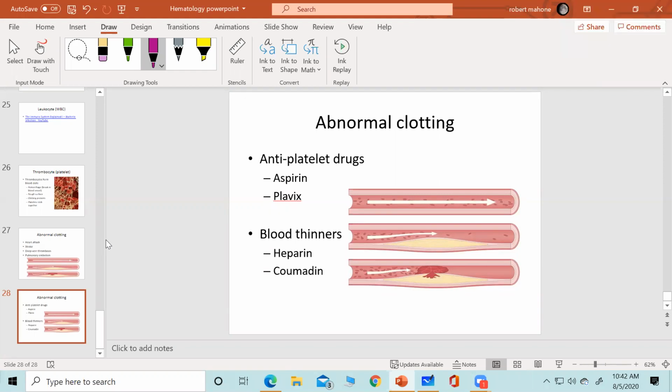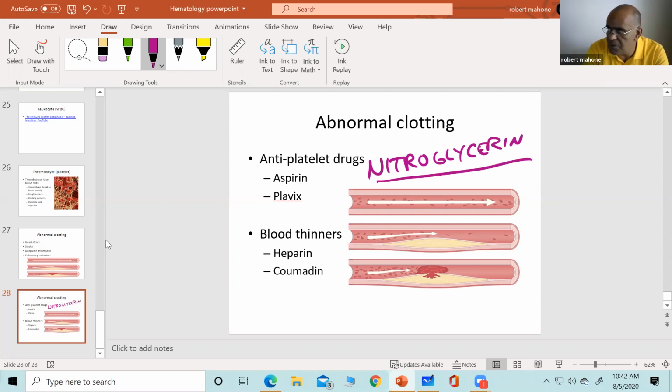Now, what if they've already taken nitrogen or something like that that stops a heart attack? Can you still give them the aspirin? Okay, yeah. What you're using is nitroglycerin. Okay, what does nitroglycerin do? If you have a blood clot right here or plaque buildup, either one, what is nitroglycerin going to do for you?